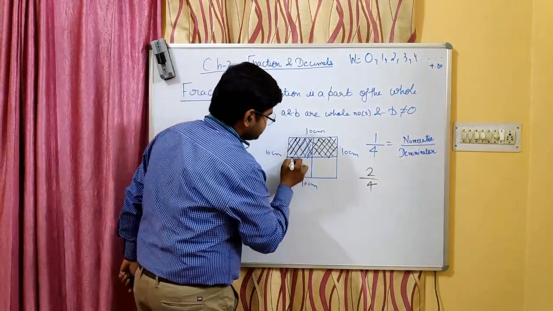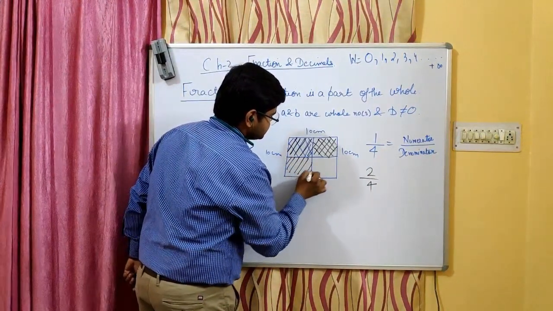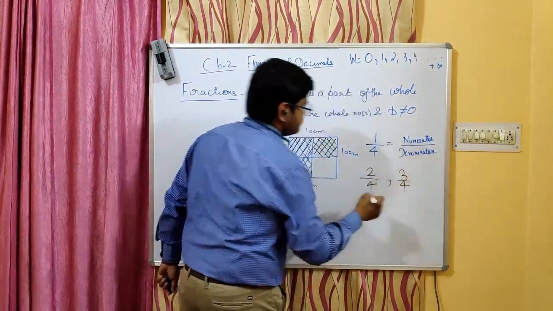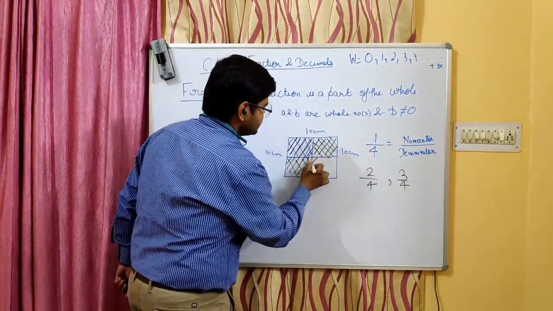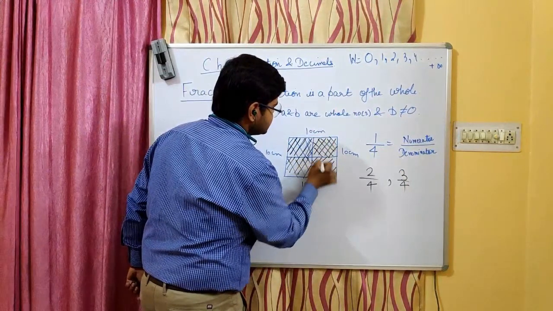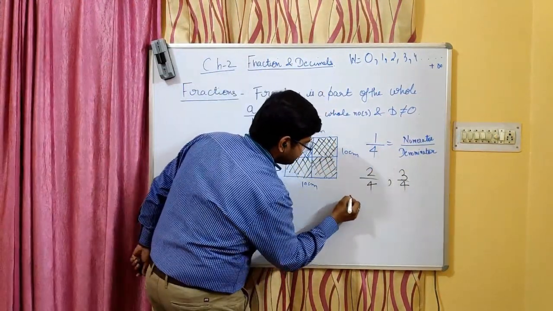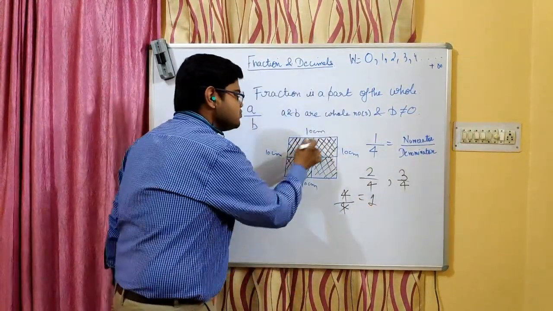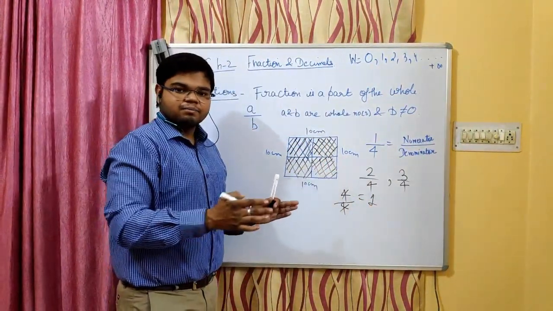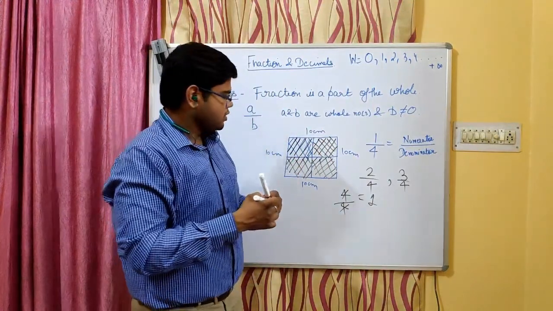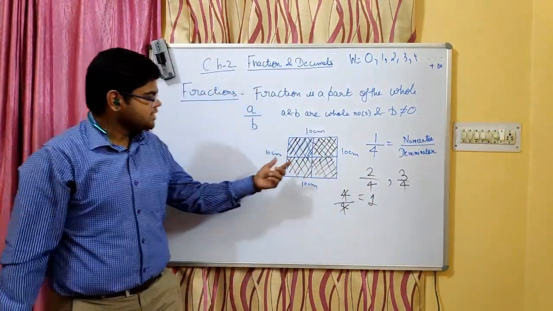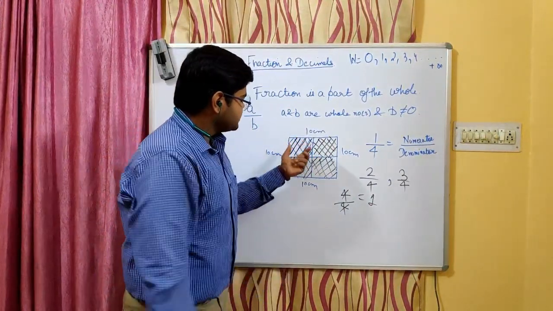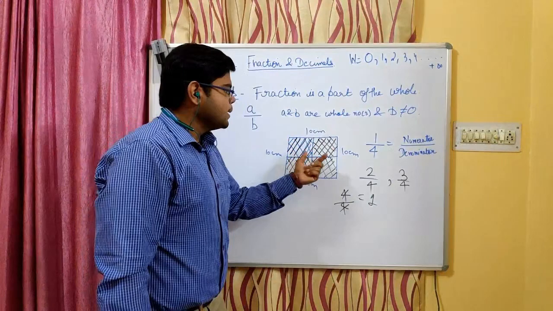And if I want to represent three parts of this square, then it will be 3 upon 4. And if I represent all four parts, then it will be 4 upon 4 and it will again become 1, because these four equal parts make up one square.